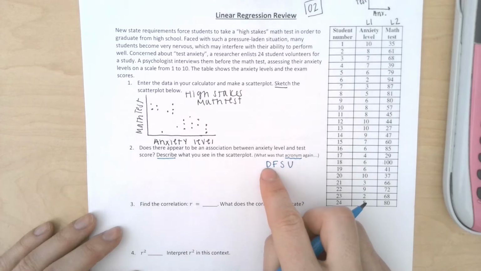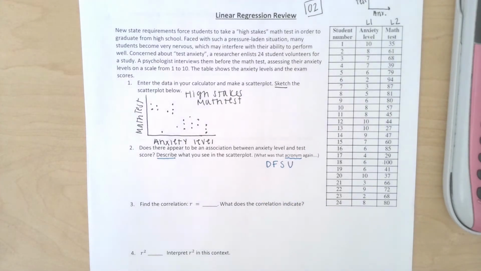D stands for the direction, so we're going to talk about whether this scatter plot is positive or negative. The form, whether it's linear or curved. S is for strength, so that's how strong or weak things are. Remember, a scatter plot that's very tightly clustered together would be strong, more spread out is weak. And then the U in DFSU stands for uniqueness.